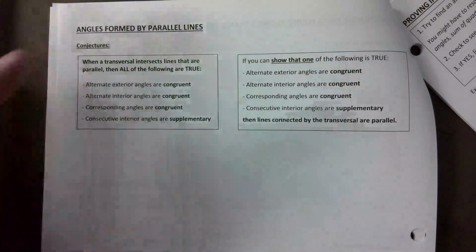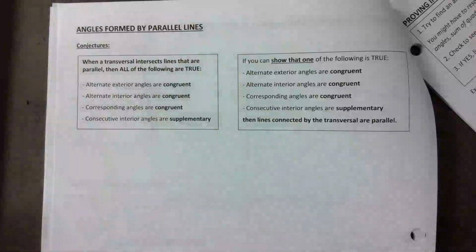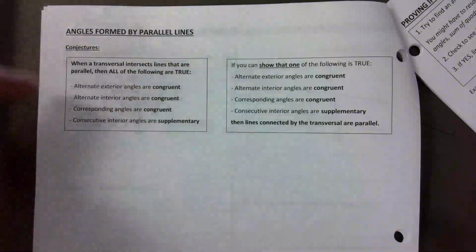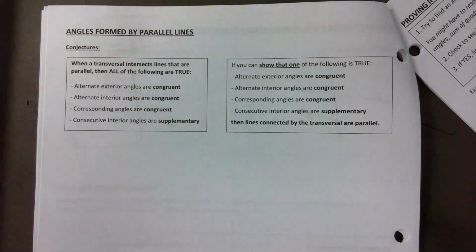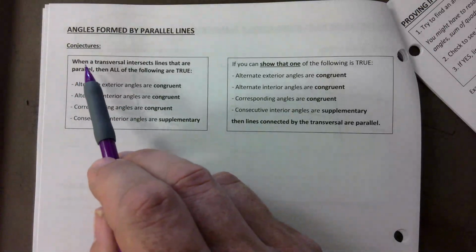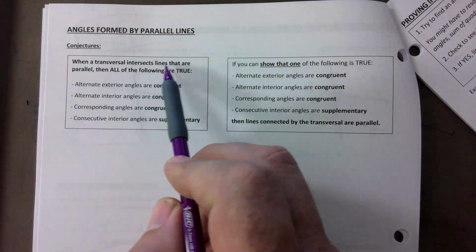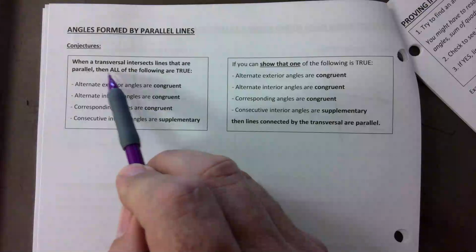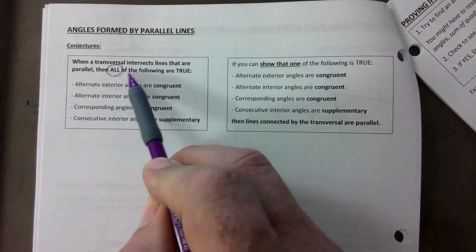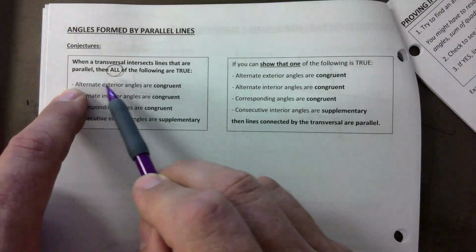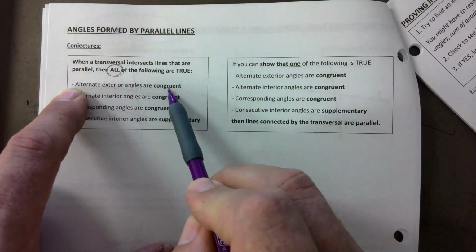Conjectures, these are propositions and conclusions that were made. I'm going to summarize this using layman's terms so that we can all understand what's happening. But the conjecture is when a transversal intersects lines that are parallel, then all of the following statements would be true. That alternate exterior angles are congruent.